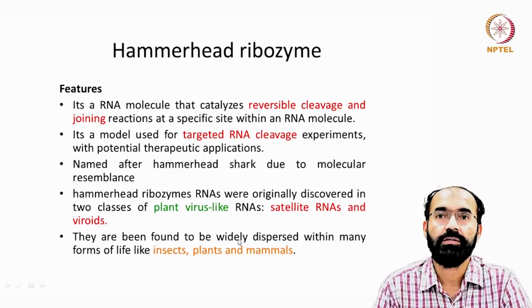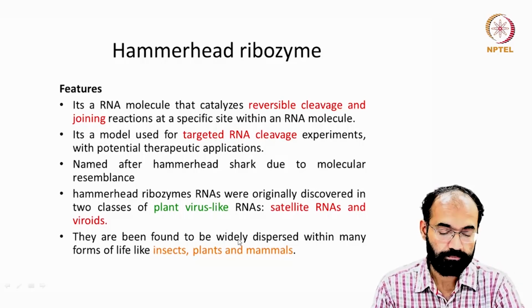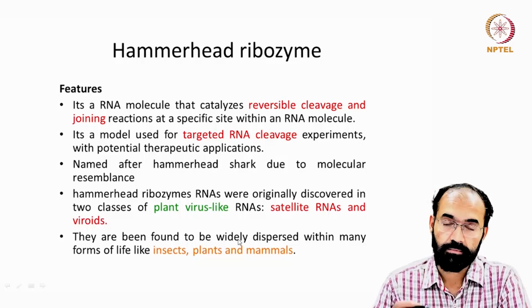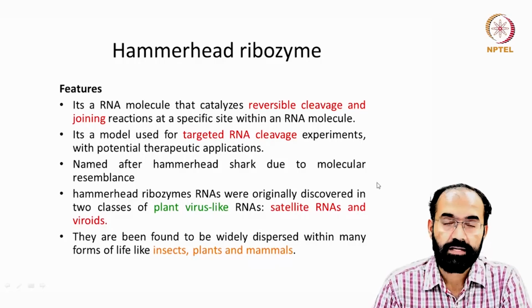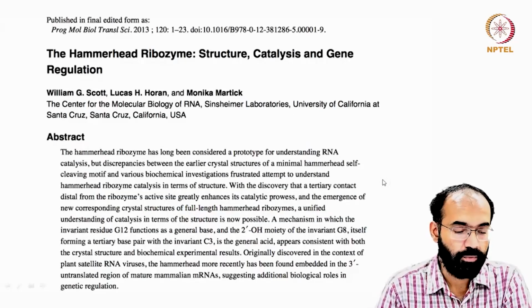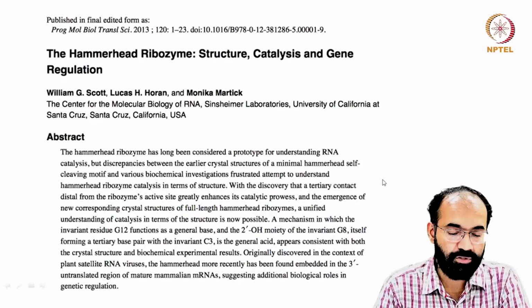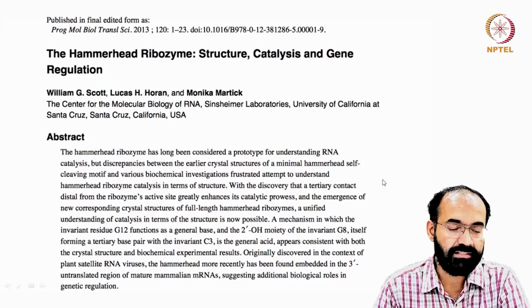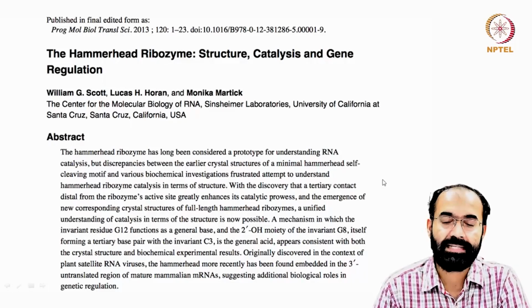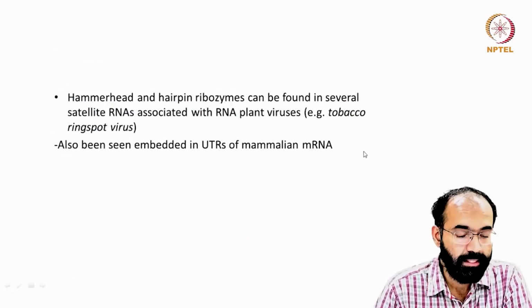So it is not restricted to just plants. They are seen in other animals also. You can see more detail about the hammerhead ribozyme structure, its catalysis and gene regulation in this article. Those who are interested can read more about this.